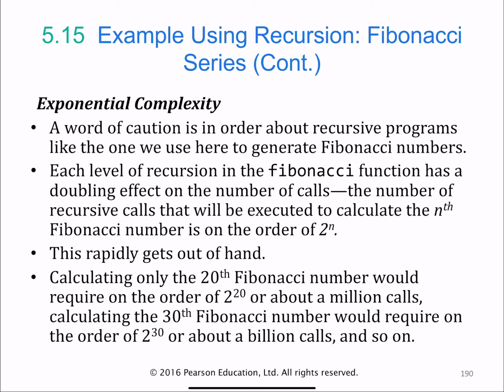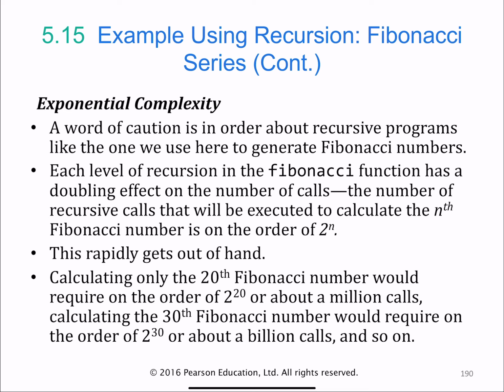Another thing about this second example of the Fibonacci series is that as the argument to the original call to the Fibonacci function from main becomes bigger, the total number of recursive calls to the Fibonacci function does not grow linearly.